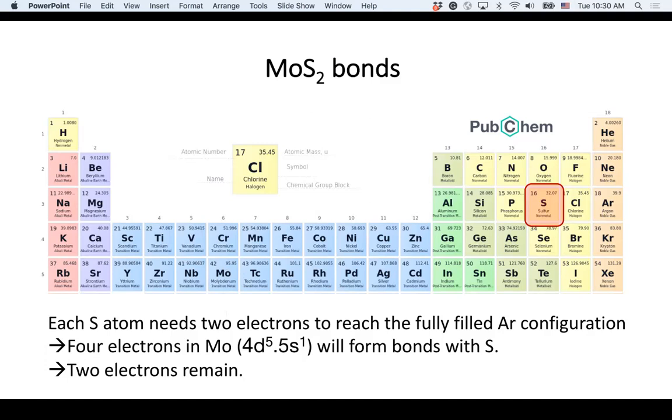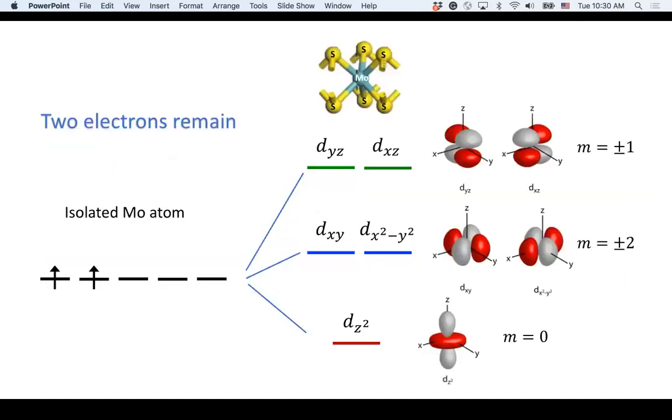Is that okay? So if you have 2 electrons left, where will these 2 electrons go? From the relative energy position here, you know that they will just go to the dz square orbital. So if you just have an atom without considering any hopping, then the ground state configuration will be the dz square, so it's m equal to 0.